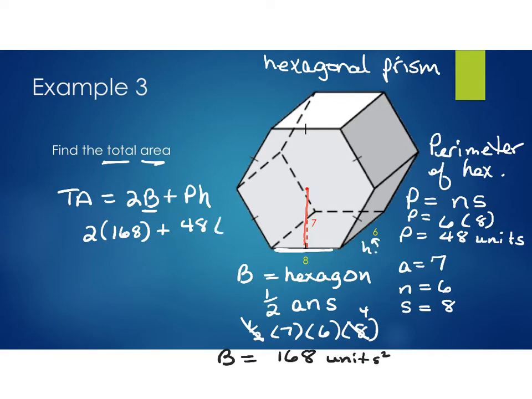So 48 times 6. So now let me multiply. 2 times 168 gives me 336. 48 times 6 gives me 288. I'm going to add those 2.